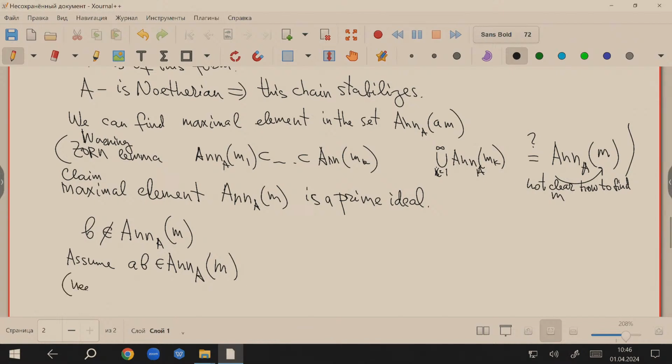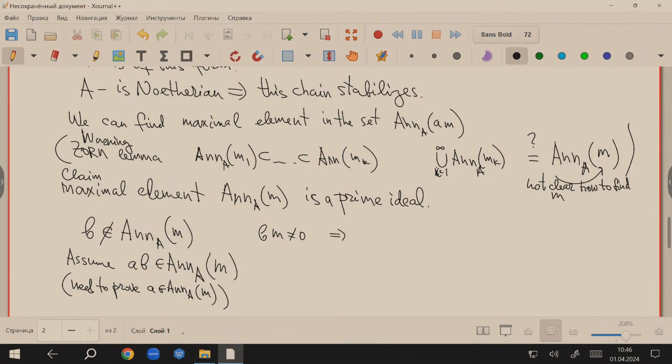And of course, notice that B is not in the annihilator, so that means Bm is not a zero element.